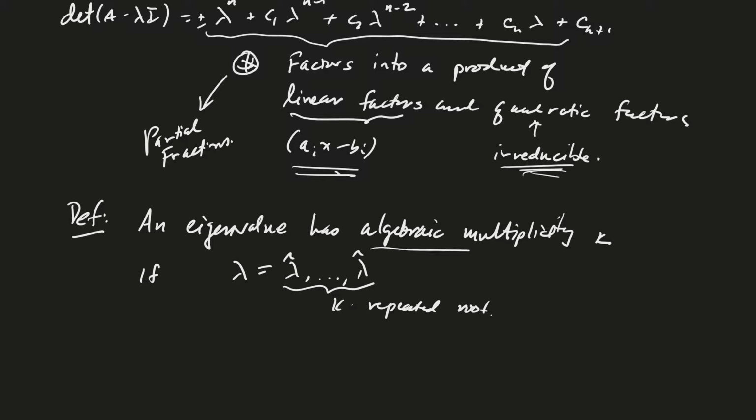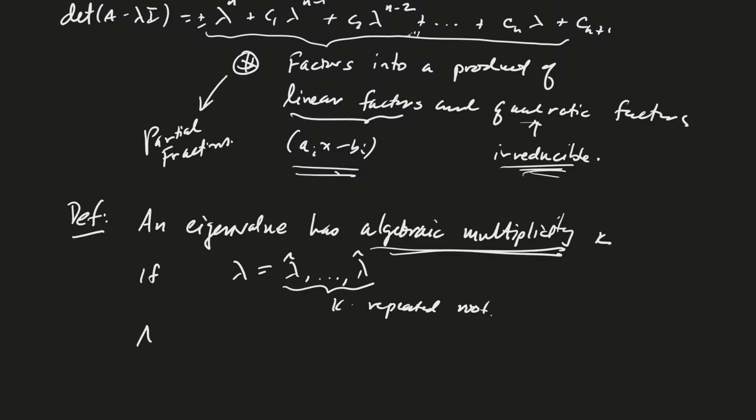Okay, so an algebraic multiplicity is how many times the root appears as a solution to the quadratic, or not quadratic, I'm reading the quadratic there, to the, what do you call that? Characteristic equation, yes.